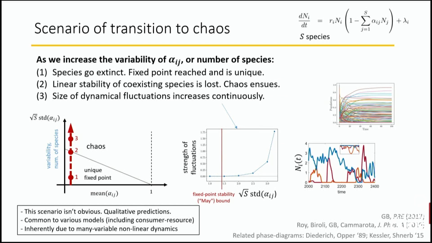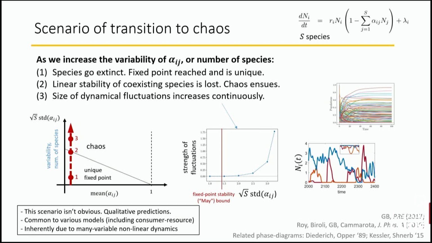Now, I want to say that some things that are happening here are not obvious. It didn't have to be the case that, as I start increasing this heterogeneity, first species would go extinct and then I would lose stability and start seeing fluctuations. It could have been the other way around. It could have been that species would go extinct so fast that I reach a few species and never see fluctuations.